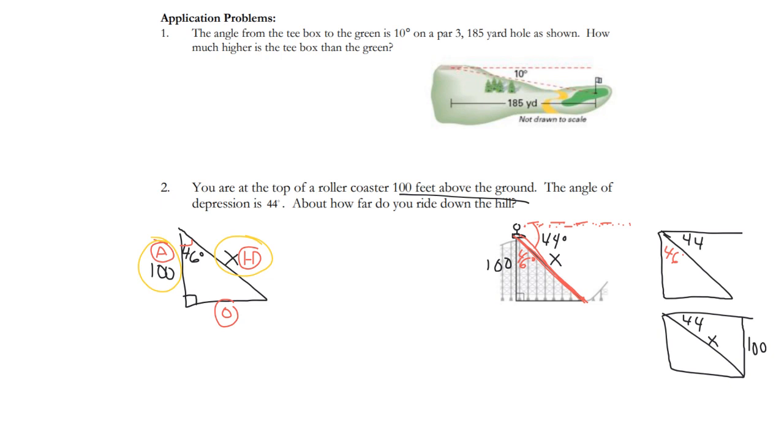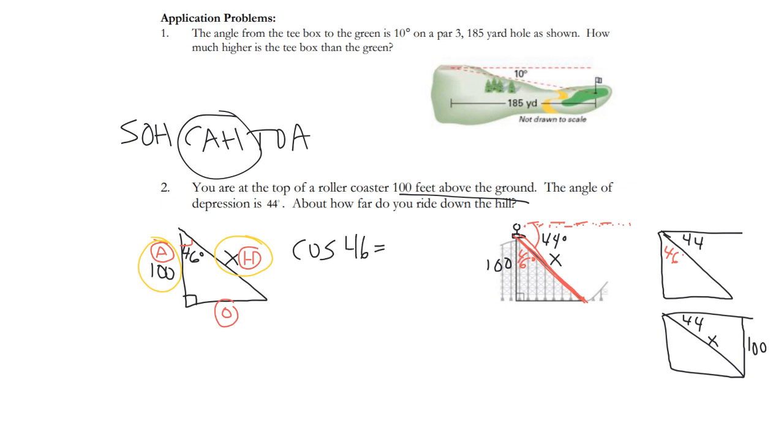Which trig ratio uses hypotenuse and adjacent? Well, adjacent and hypotenuse is cosine. So cosine of 46 equals adjacent, which is 100, over hypotenuse, which is x. Again, adjacent was 100, hypotenuse is x.